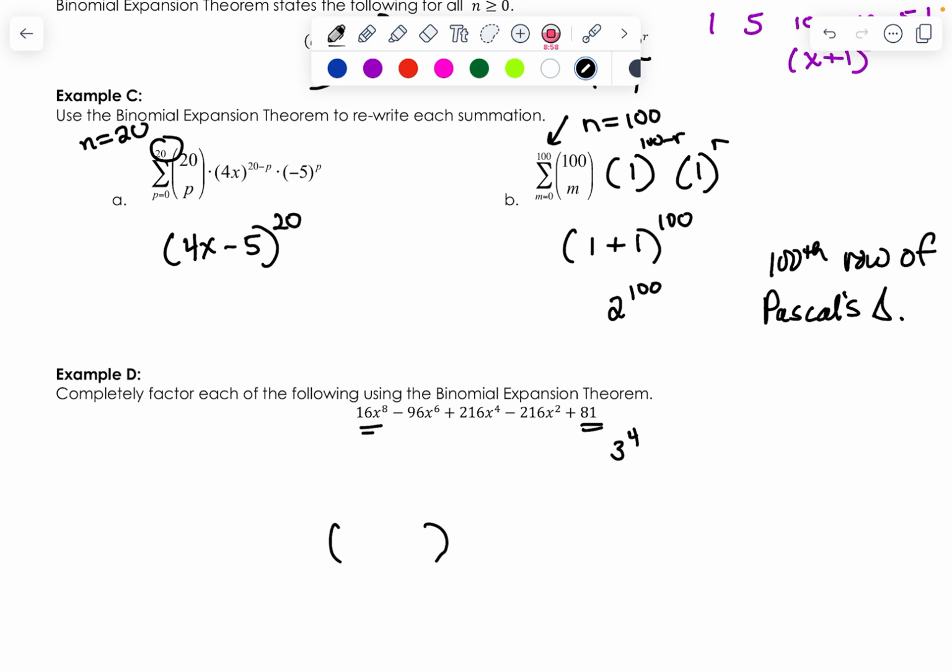So maybe I'm getting something to the 4th power. Well, what to the 4th power is 16x to the 8th? That's 2x squared. Now, whoops, okay, so I just caught something here. I'm noticing that the signs are alternating, which means then that's going to be a negative. So that'll be a minus.